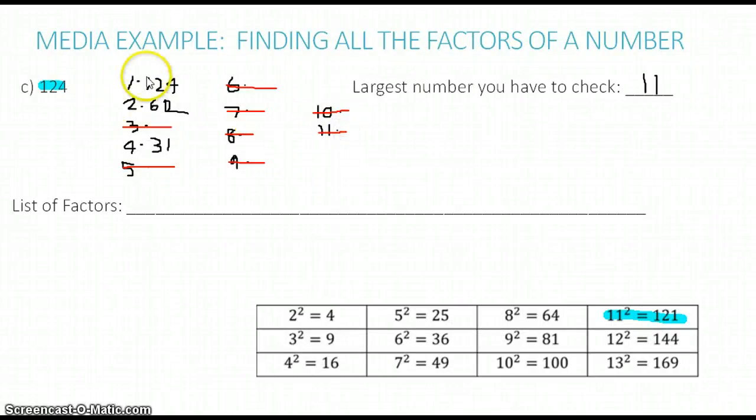So 124 didn't have as many factors as the other numbers. Let's make a list. So we have 1, 2, 4. Now circling back, 31, 62, and 124.